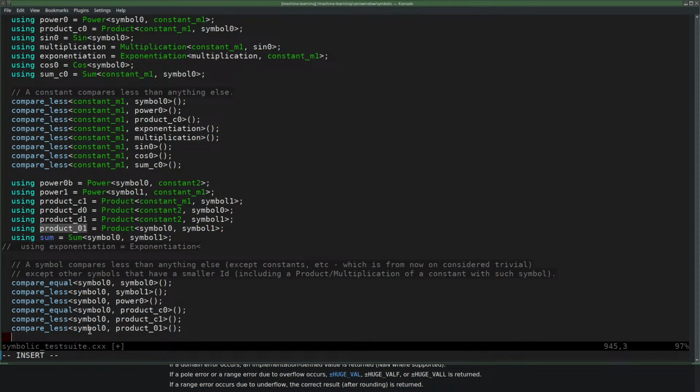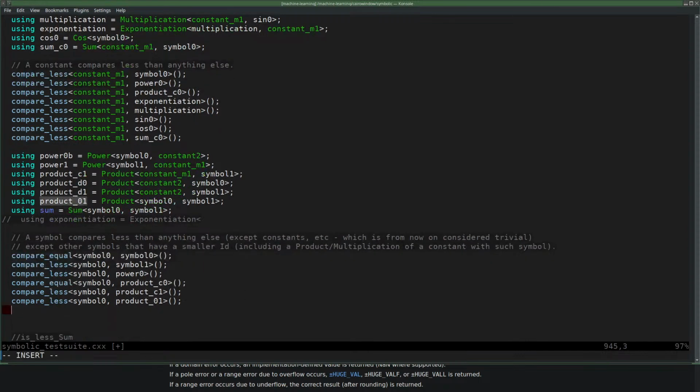And then, yeah, the general case where it's just a product that does not start with a constant, must be less than. So it also compares less than an exponentiation. Yeah, that's any exponentiation.